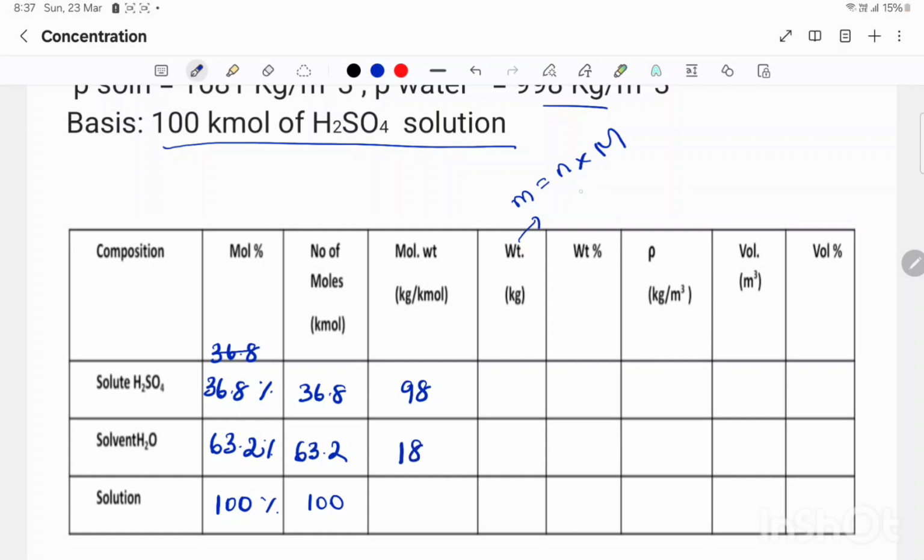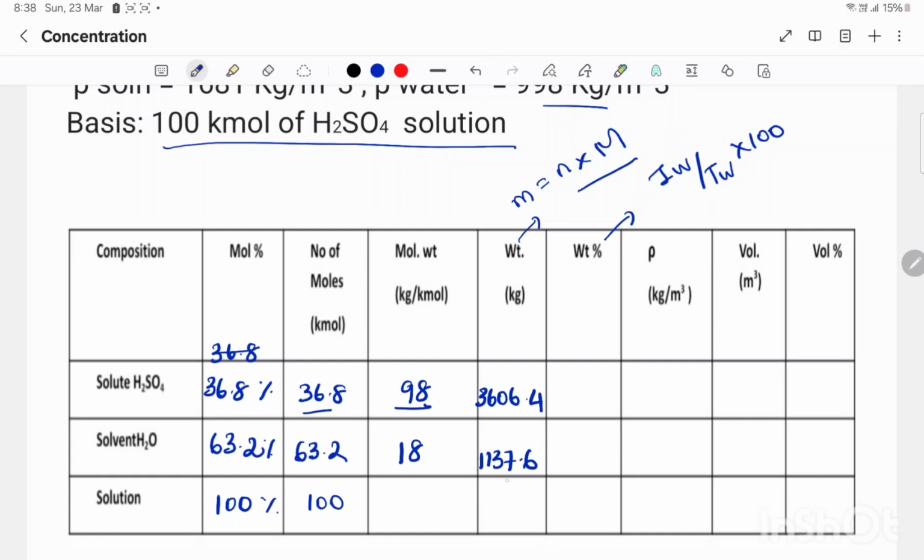So the mass is 36.8 into 98, which gives 3606.4. And 63.2 multiplied by 18 gives 1137.6.